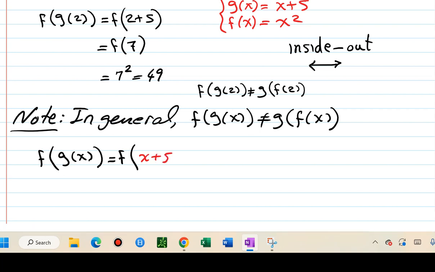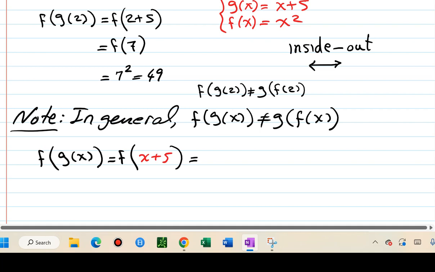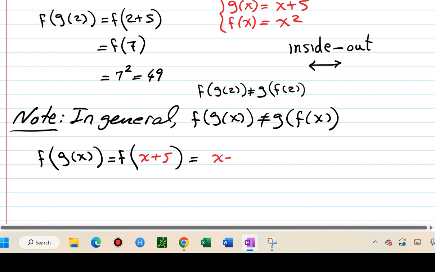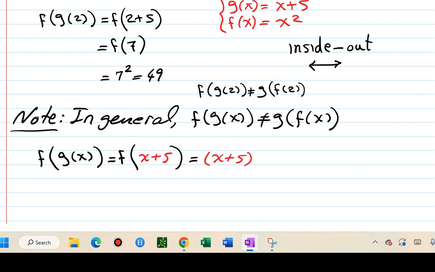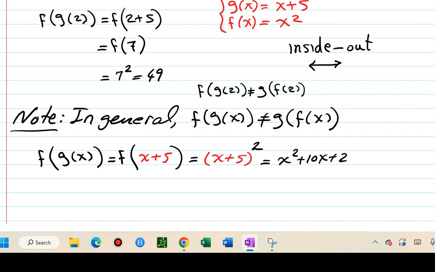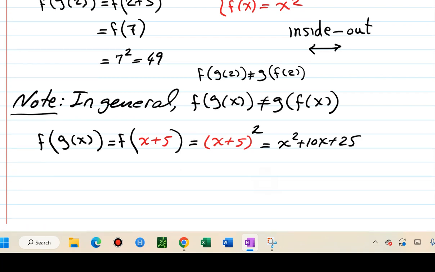Now what is f going to do to x plus 5? It will square it, doesn't it? So it will take the input x plus 5 and square it. And if you square the binomial, you get x squared plus 10x plus 25, if you want to.